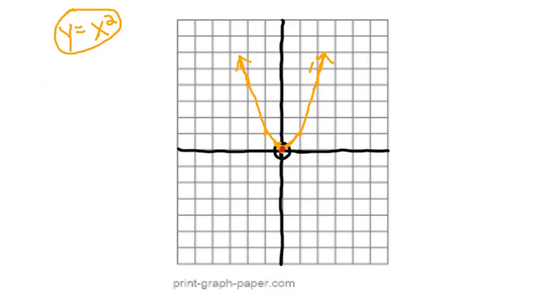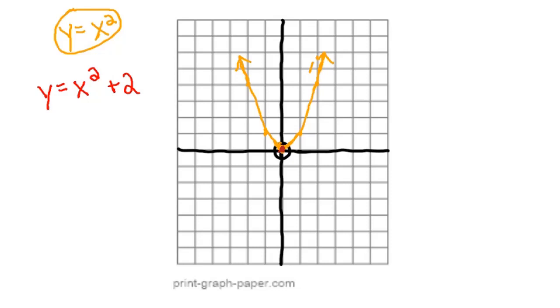Now, what if you want to add to that x squared? So let's say x squared plus 2. What if you have a plus 2 there? Well, it's actually really easy. You don't have to go through and make a chart and find all the dots or anything.